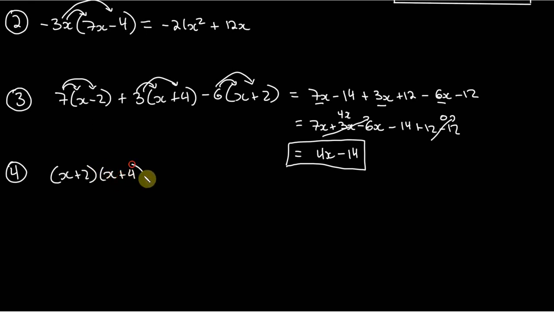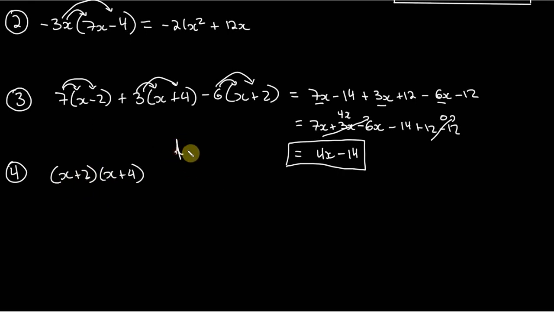Just keep it really simple. We're going to come across this quite a lot. One thing that I haven't covered is that expansion is the opposite of factorizing. So when you're factorizing quadratics, you're going to come across an expression like this very often. But in this case, we're expanding.